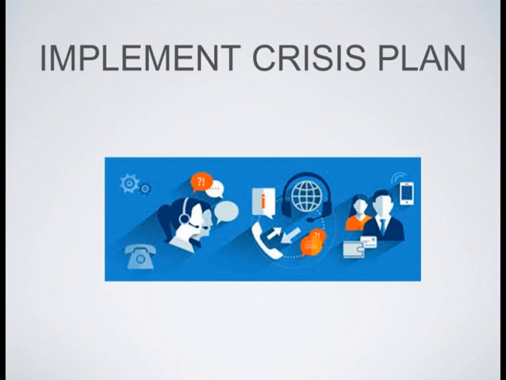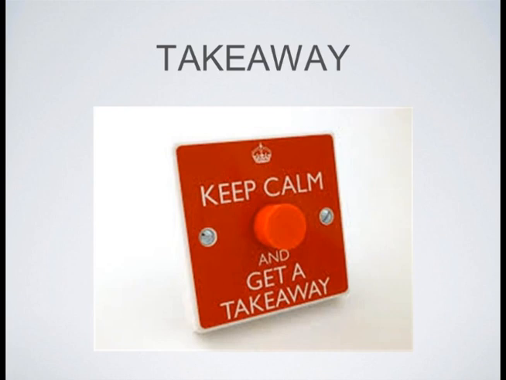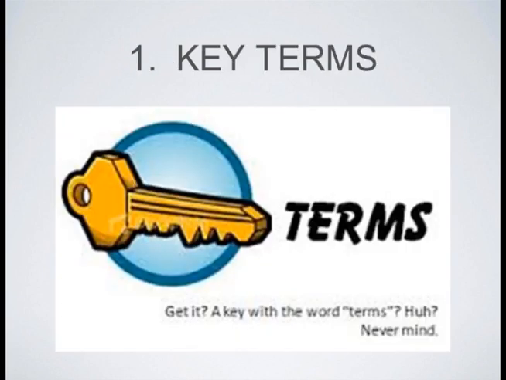So, with all of that said, what is the takeaway? What should you have learned, I hope, from today's lesson? Well, first off, I hope you've gotten a sense of what some of the key terms are. Things like PII, personally identifiable information. I hope you've learned about data collectors, which basically means you, if you collect personally identifiable information.